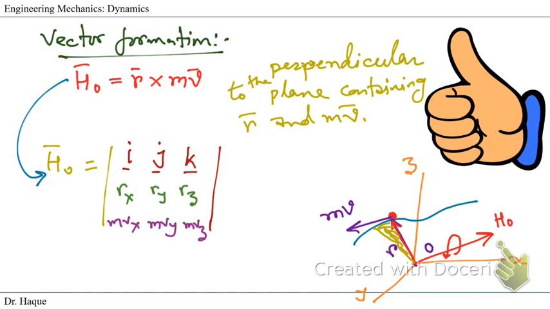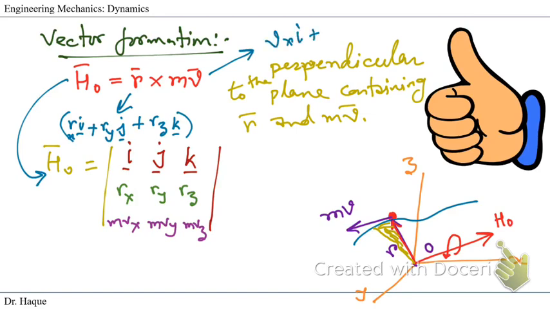This is just if you take components of r, which is, for example, rxi plus ryj plus rzk. So I'm just splitting those in xyz coordinates, and you will have the cross product, and we will also have the components vxi plus vyj plus vzk.